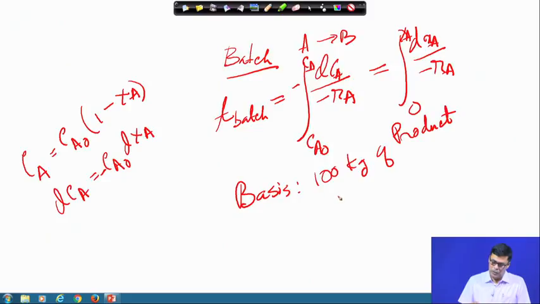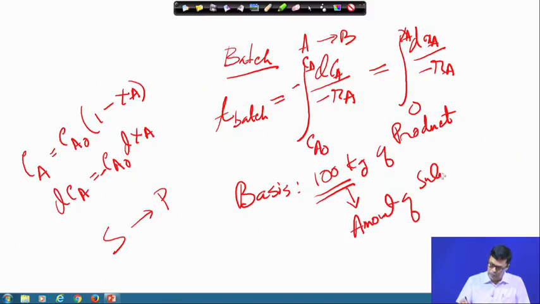Once we want 100 kg of product formation, first we shall have to find out from the stoichiometry, for producing 100 kg of product, what is the substrate required. So, there will be some kind of stoichiometry between the substrate and the product formation. So, with respect to the stoichiometry, we can find out the amount of substrate required.